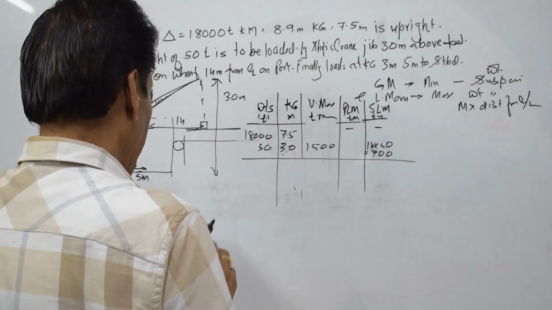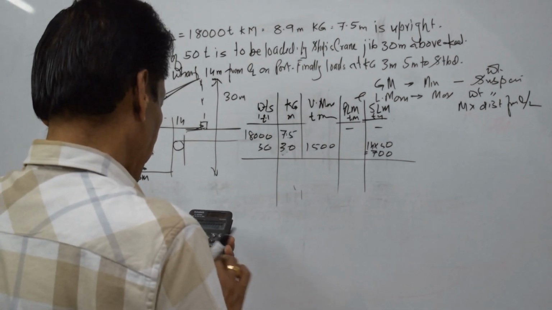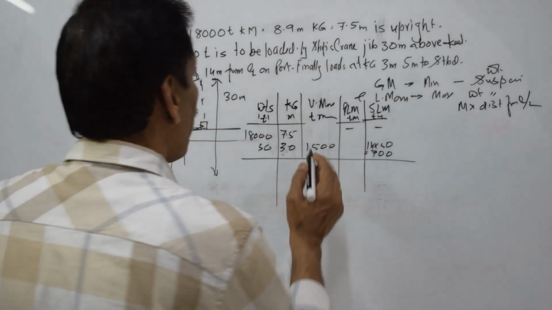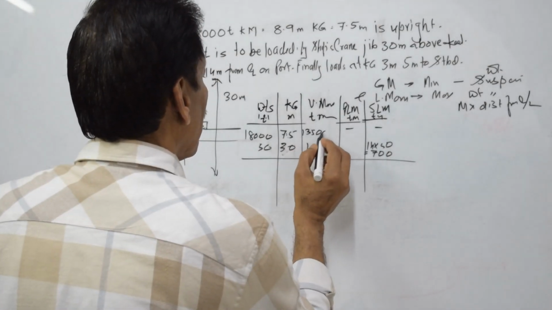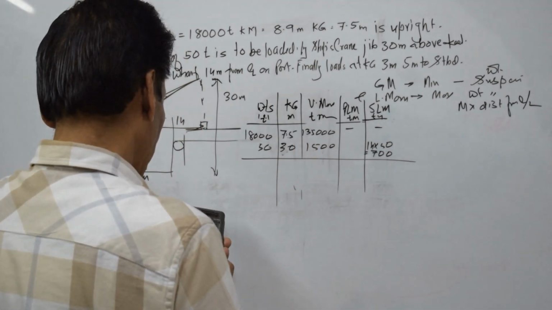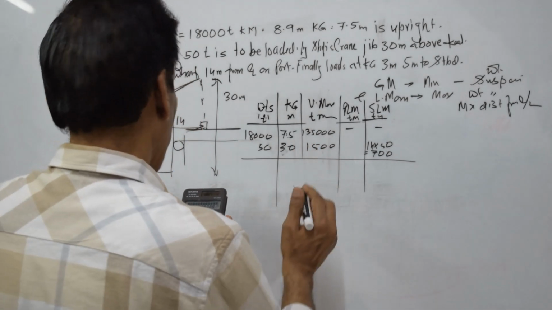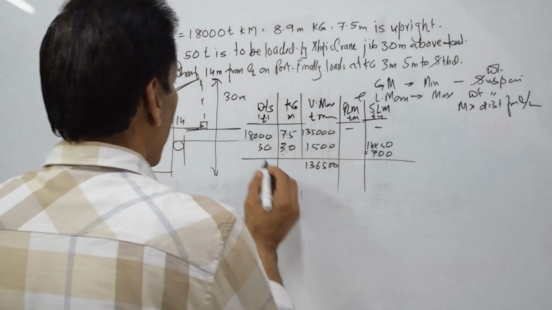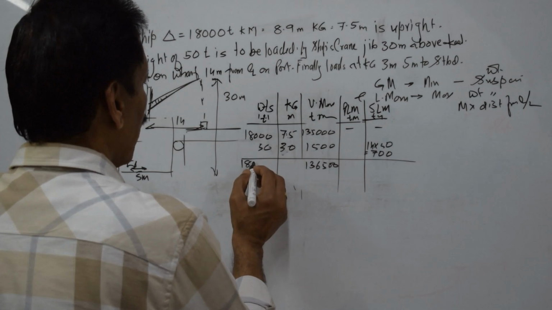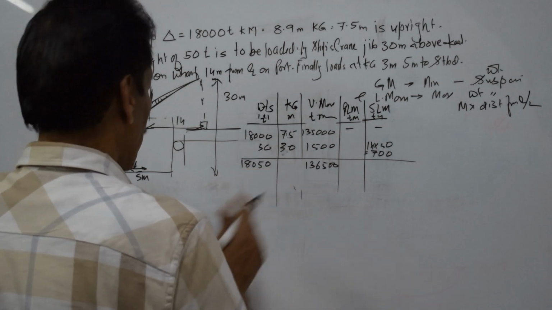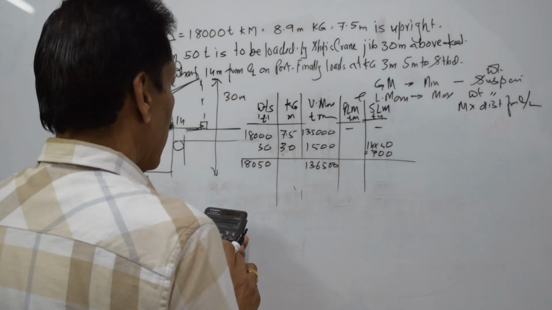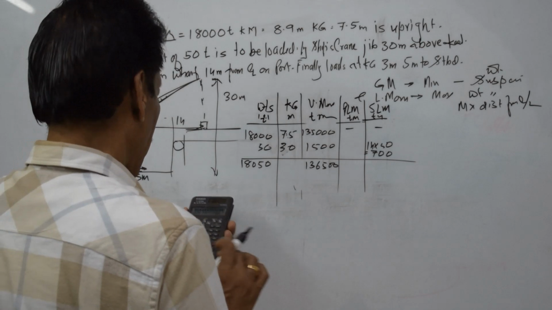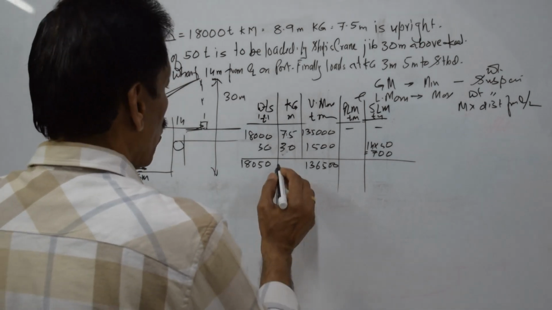Now 18,000 into 7.5 gives me 135,000 plus 1500. The total vertical moment is 136,500 and the weight of the ship becomes 18,050, and the KG therefore is going to be 7.562.